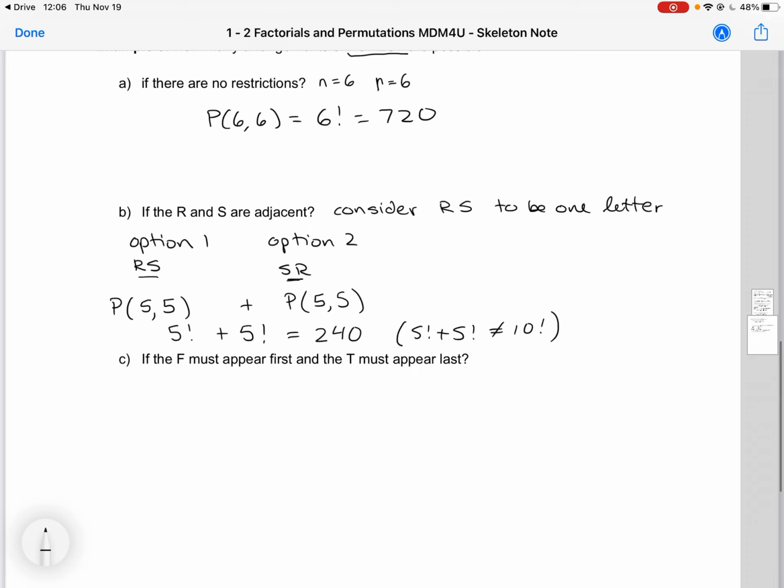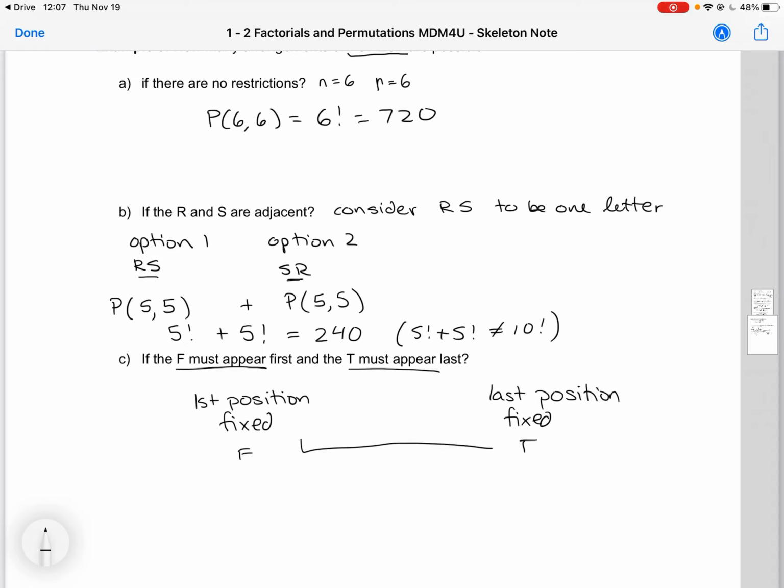Our last example here is what if the F has to appear first and the T has to appear last? My first position is fixed, which is an F, and my last position is fixed, which is a T. So what I'm trying to decide is how many ways can I organize the middle 4.